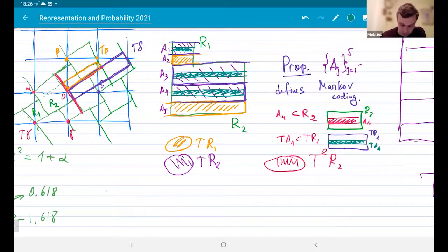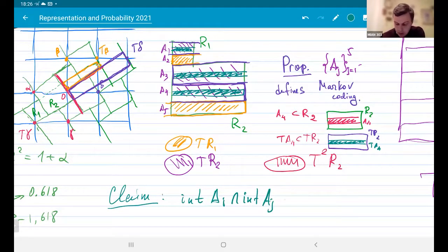If we intersect interiors of our domain, so the interior of AI with TAJ, it is either the empty set.